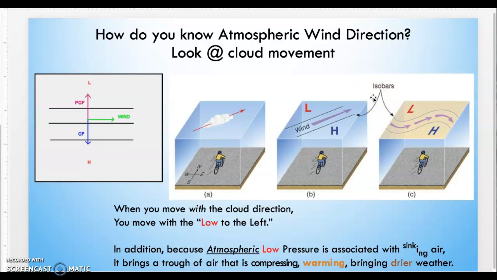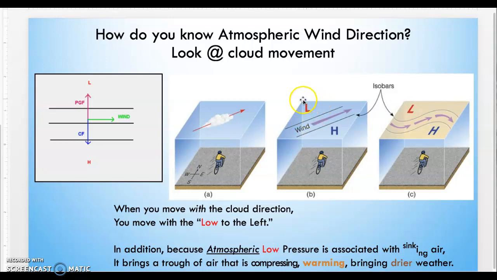So you can walk outside, check out the clouds, check out the direction they're moving. Get yourself so that they're moving from your back to your front, and then look to the left, and that's where your low pressure system is. It's really going to be helpful for us.